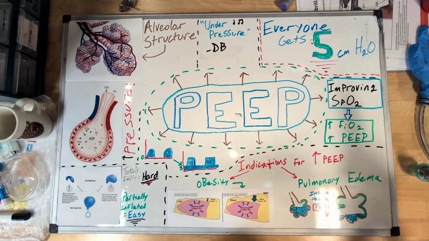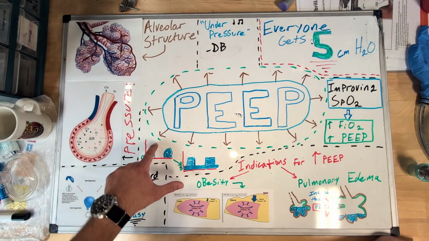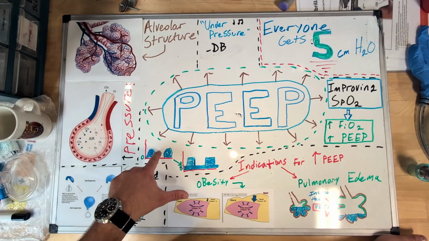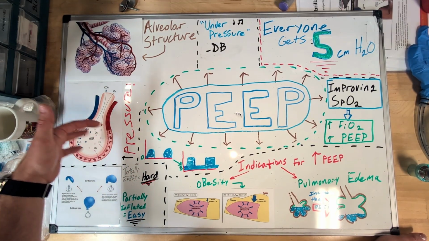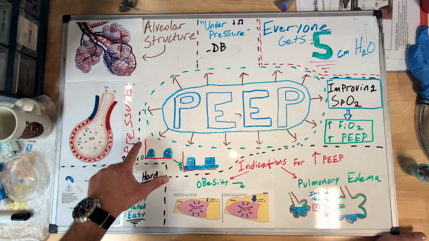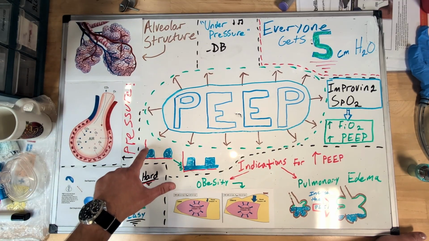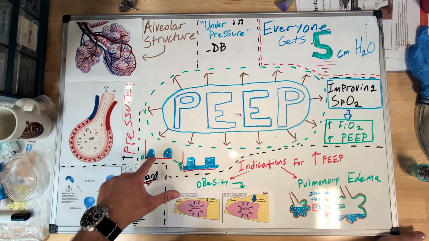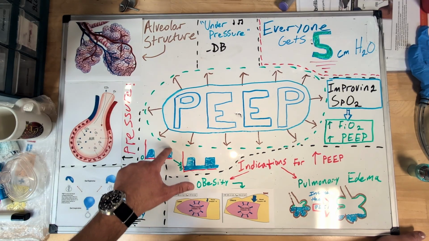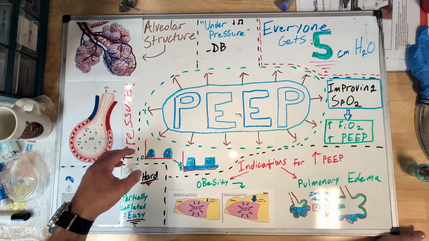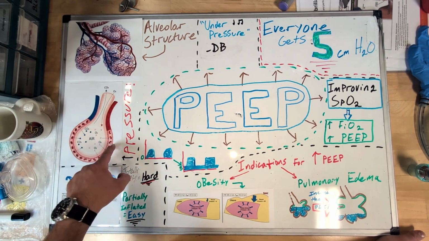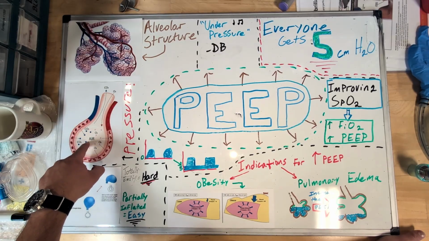Now, what that does is it means that even during expiration, when we're not squeezing the bag, there's still oxygen in here doing its job and trickling into the blood. If I have 0 PEEP and I'm ventilating and I squeeze and I let go and I squeeze and I let go, the blue part is what can push oxygen into the blood, right? I can only get oxygen into the blood if it's here in the alveoli waiting.